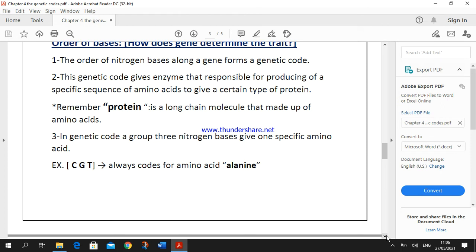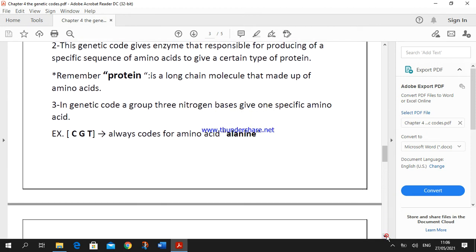In the genetic code, a group of 3 nitrogen bases gives one specific amino acid. You should know that there are almost 20 amino acids that can enter the formation of protein.